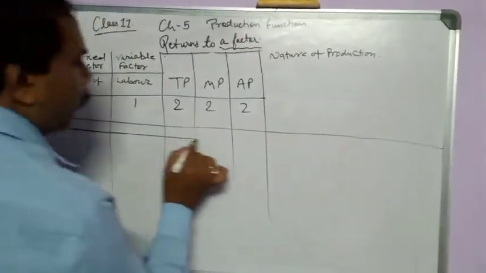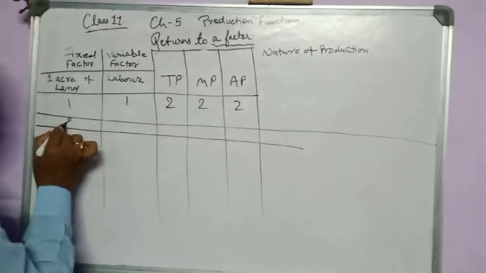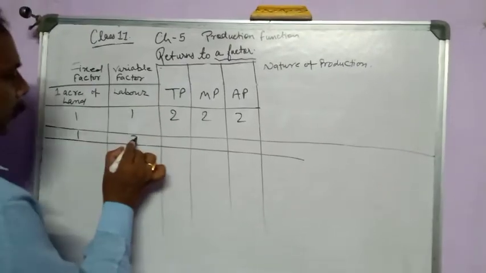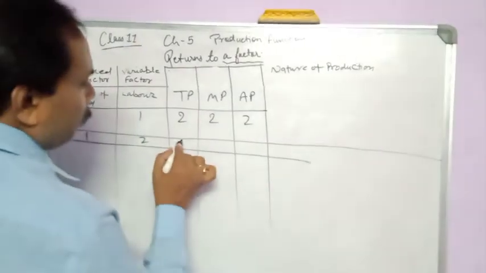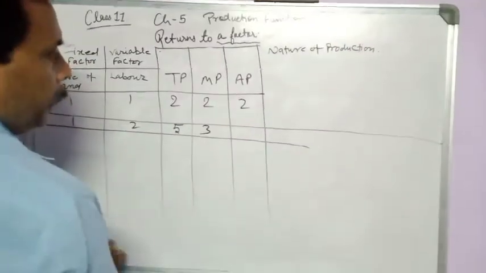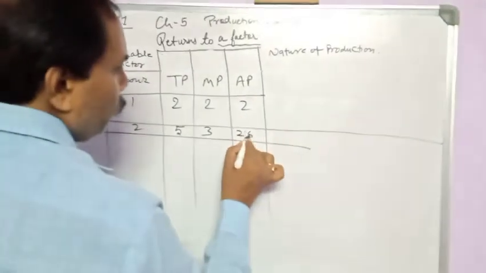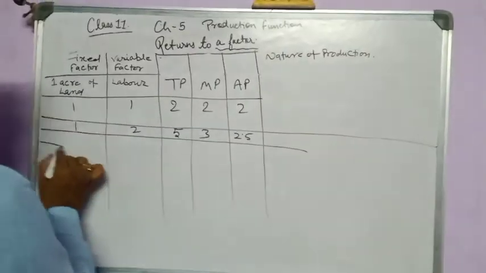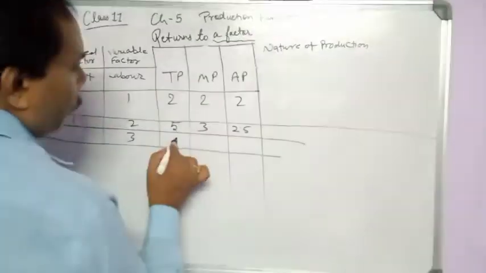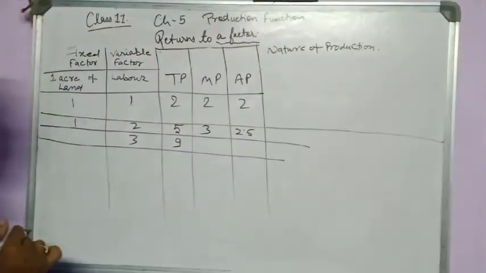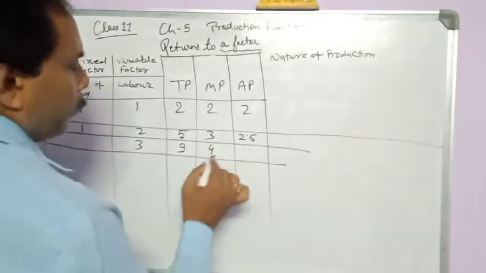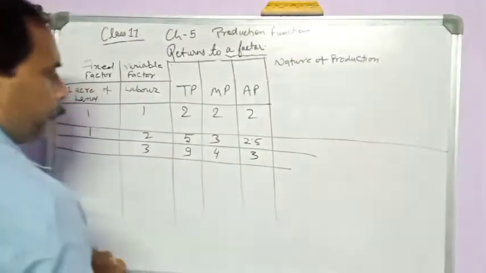Now when we apply another labor, that is the second labor, the fixed factor will remain constant. Second labor, suppose our total production increases to 5, so marginal production will become 3 and the average production will become 2.5. Next, when we apply the third labor, suppose our total production increases up to 9 units, and the marginal production will be 4 and the average production will become 3.